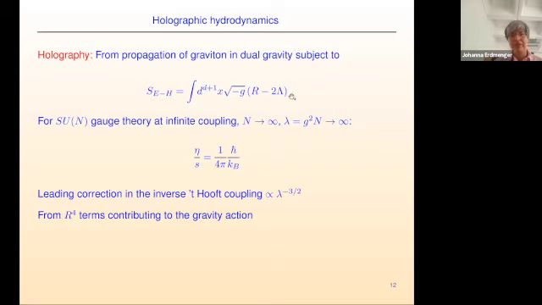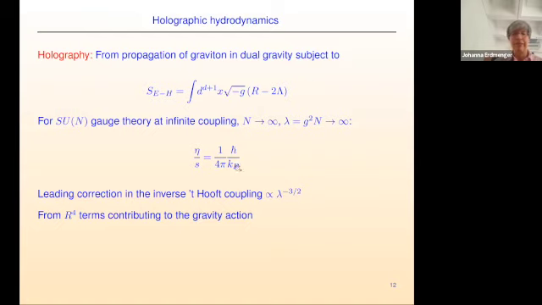So then the question is, can we calculate corrections to this result in a kind of controlled way? And so what we did in this paper, which I'm about to explain, is we calculated the corrections. The corrections will be higher order in the curvature terms. So there's the Ricci scalar, but there's also the Ricci tensor and the Riemann curvature tensor, and they can all contribute. And in higher orders, you have terms where there is the Riemann tensor squared, Riemann tensor to the third power, fourth power, and so on. And these terms will give corrections to this leading result.